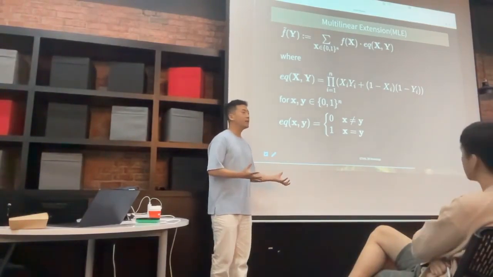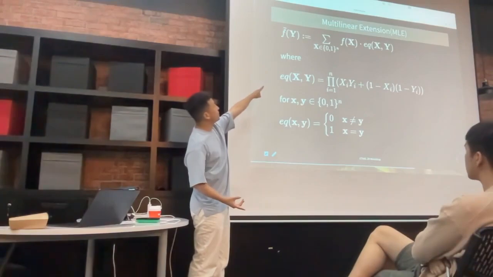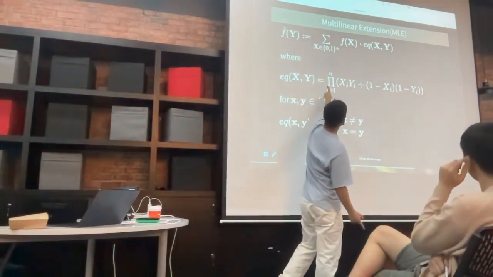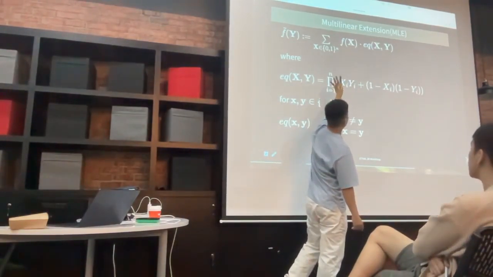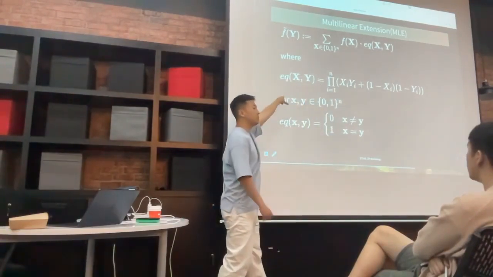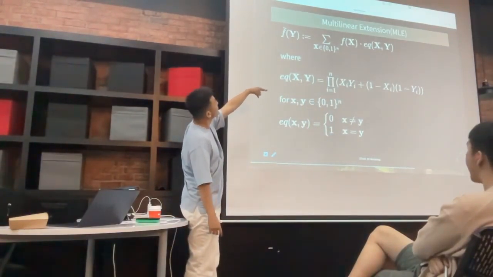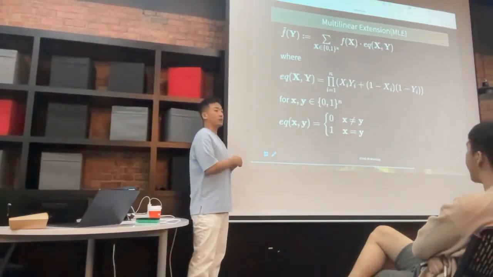So the sum of f of x multiplied by the equal polynomial is a multilinear polynomial with respect to y.